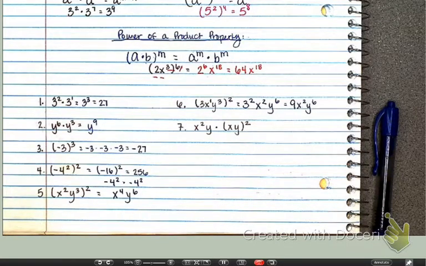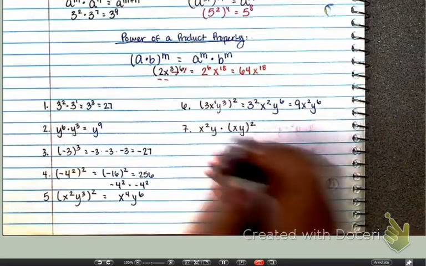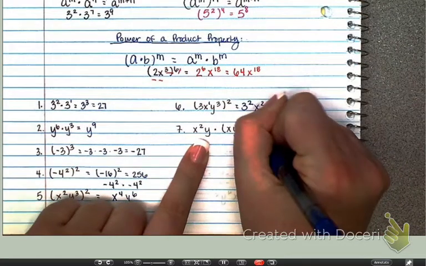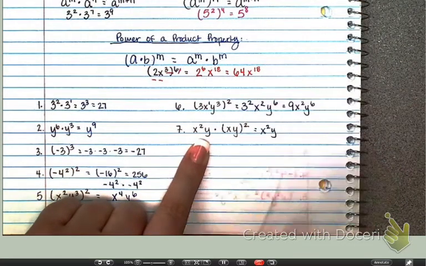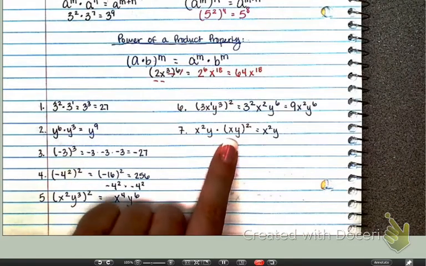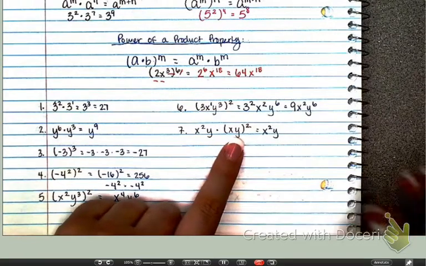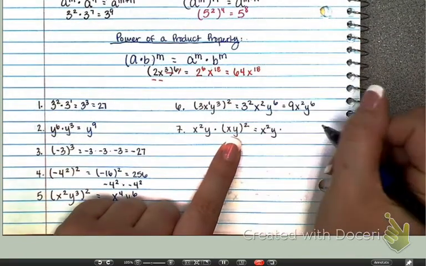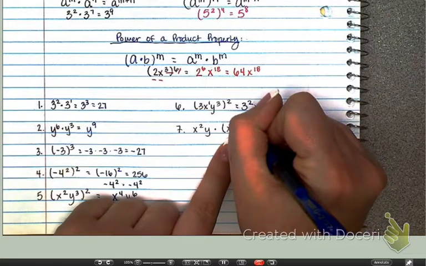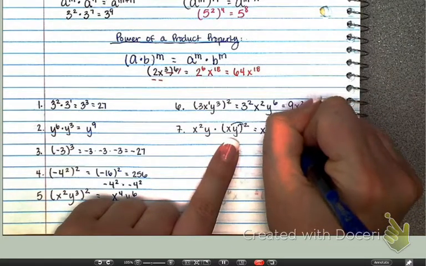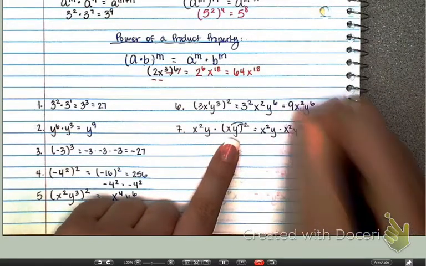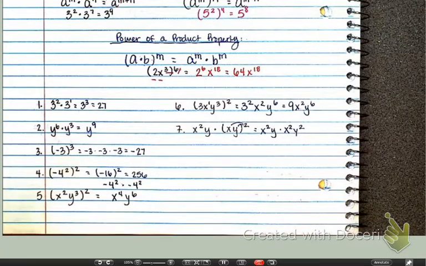Last one, where do you think I should start? The parentheses, okay? So I'm just going to rewrite this first part. I'm going to write x squared y. Just rewriting it for now so I can deal with this. What happens here? What do I get? X squared y squared. Okay, so I attach that 2 to both of my bases.